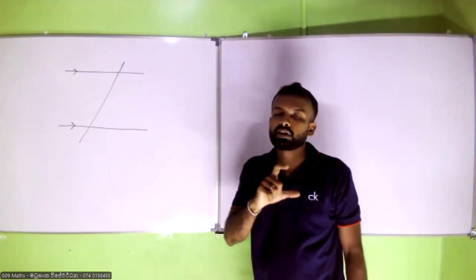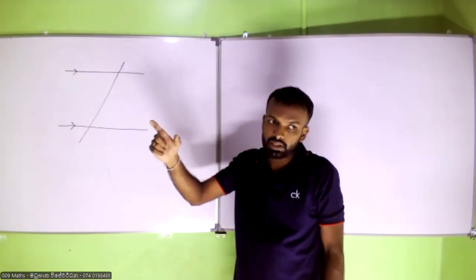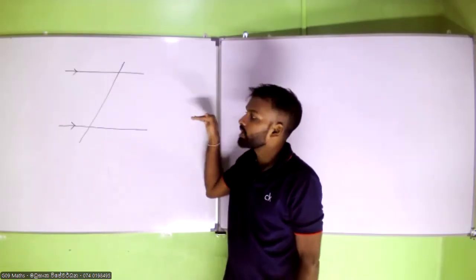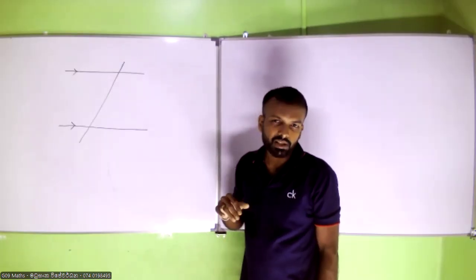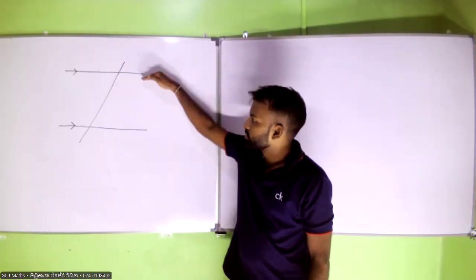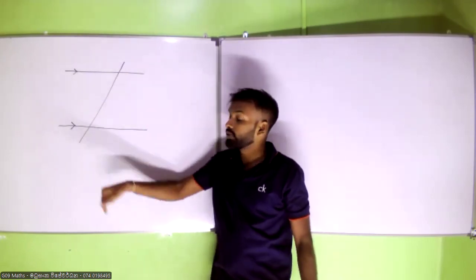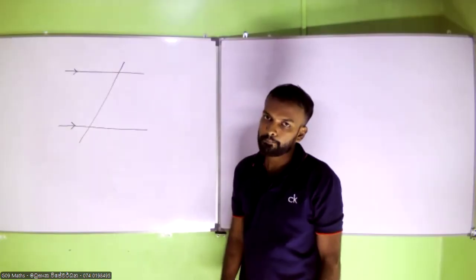For any straight line to become a transversal, it should cross at least two straight lines, not necessarily parallel ones.